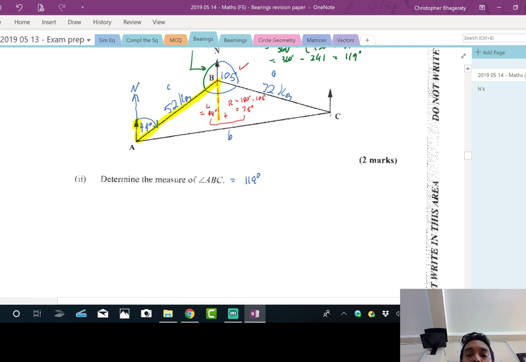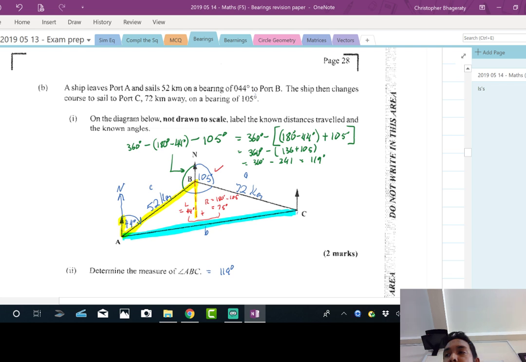So we have in our setup a triangle. We have a 52, we have a 72, and we have a 119 angle between them. So what can we use in order to facilitate finding that distance AC? Cosine rule is correct. Alright, so we could use cosine rule.